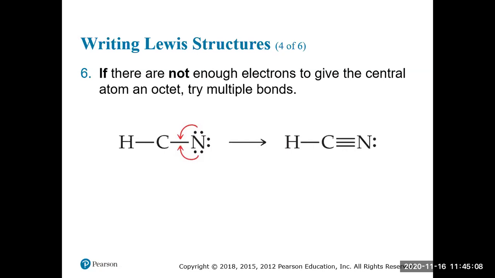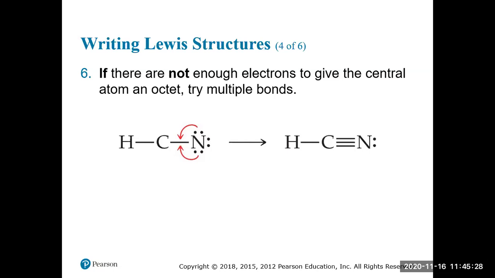So we need to pick up 4 more electrons. Well, one way we can do that is by taking 2 of those lone pairs from the nitrogen, and instead of having a single bond between carbon and nitrogen, we have a triple bond between carbon and nitrogen.